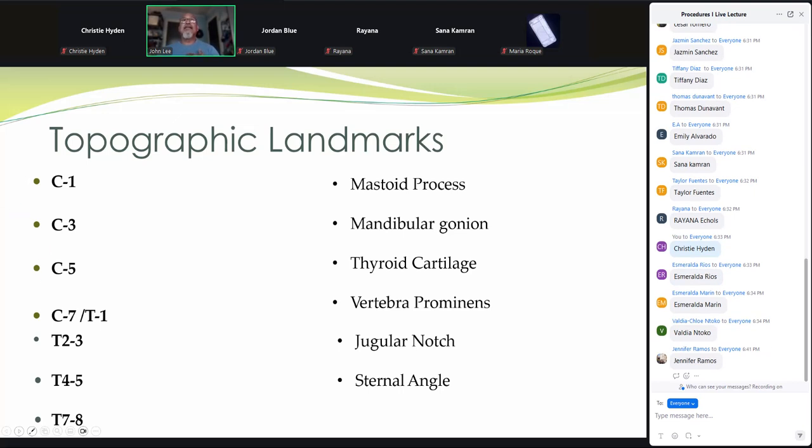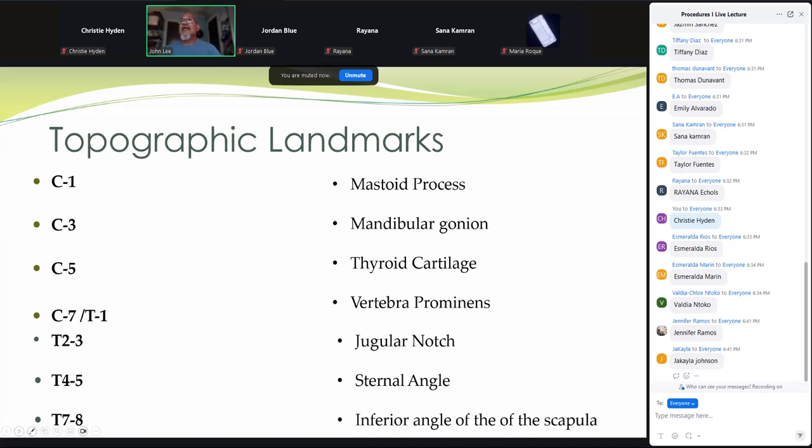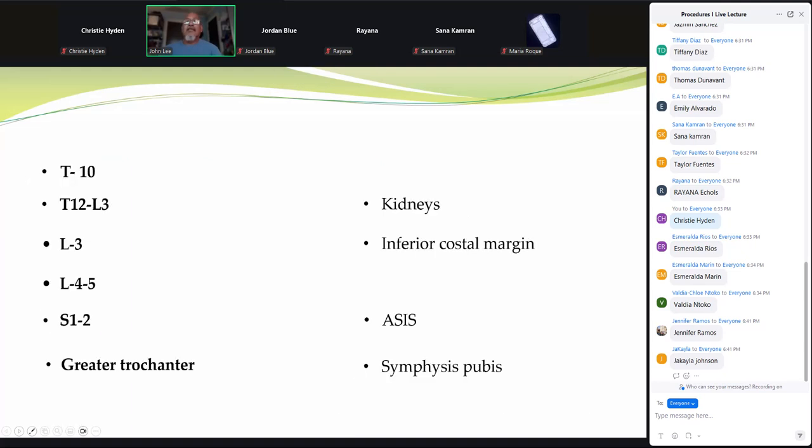T7 and T8 correspond to the inferior angle of the scapula. Going to T10 corresponds to the xiphoid process.